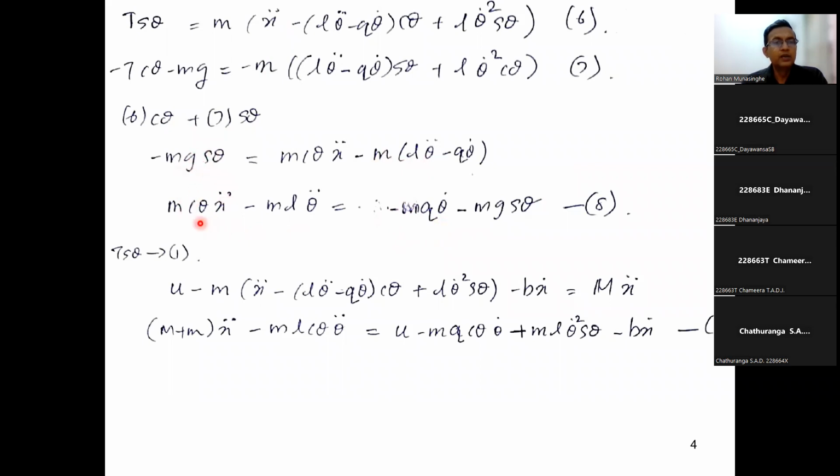This is m cos theta x double dot, a rearrangement. You take it to one side, and then mL theta double dot, you keep it on the same side, and you get this one negative minus mq theta dot. You bring it to the other side, right? So that's what we have done here. So that is equation 8.